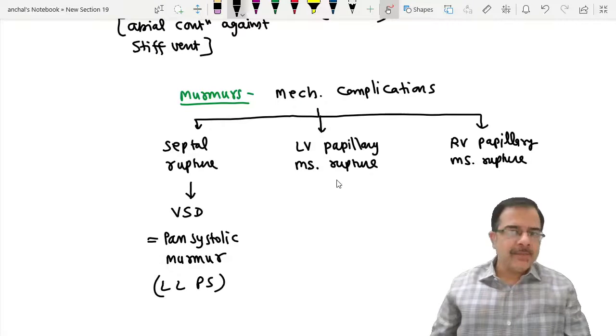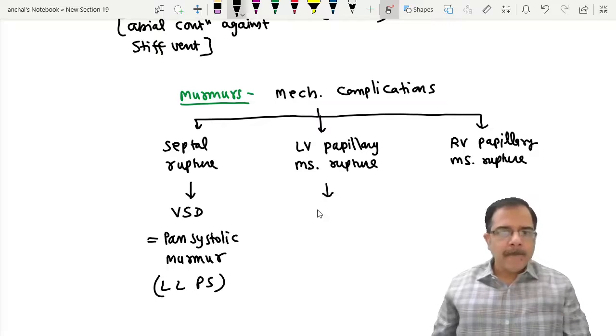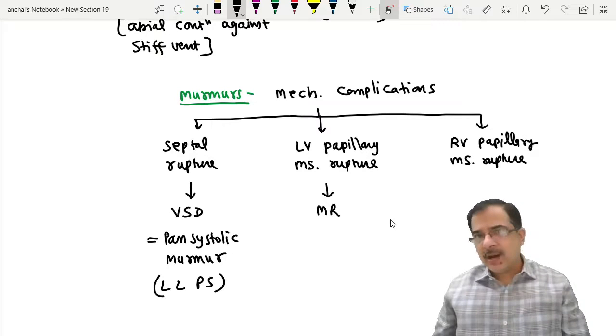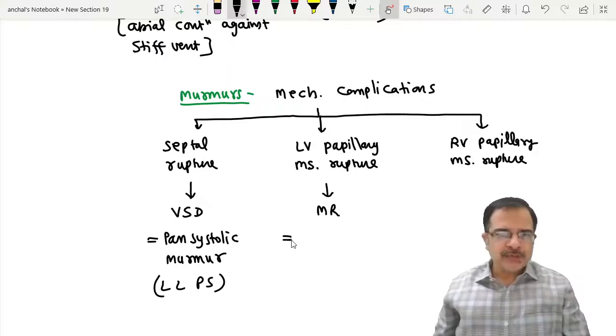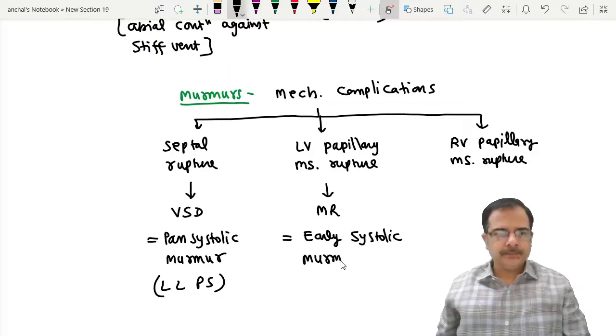Now left ventricle papillary muscle rupture will lead to mitral regurgitation. MR will be there. This is an acute MR, and acute MR produces an early systolic murmur. Where will it be heard?